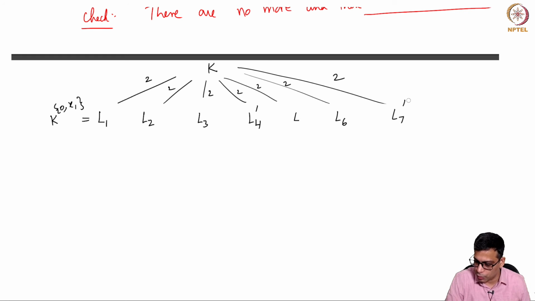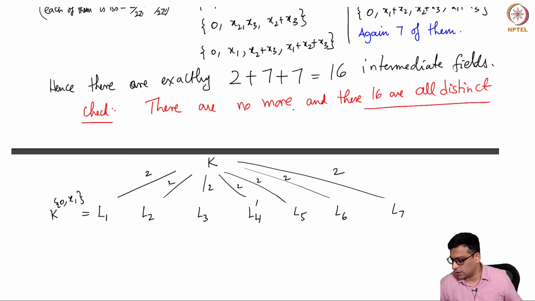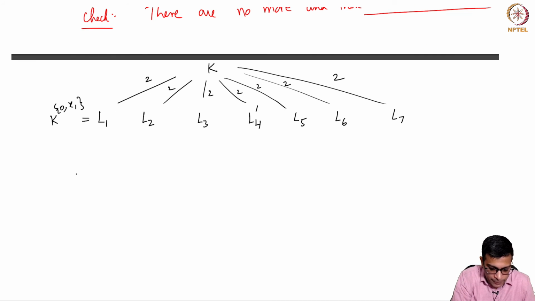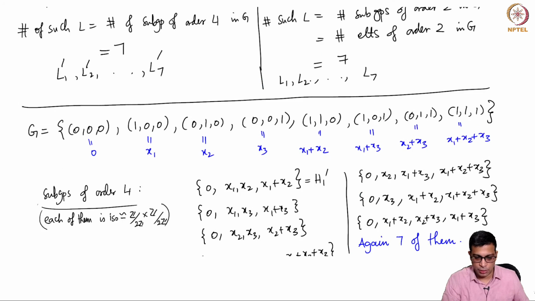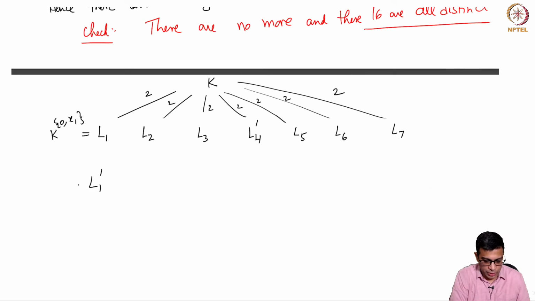So these are degree 2. It depends on the notation that we are using, but let's say this is the fixed field of this. Then L1 prime is the fixed field of this. So this is H1 prime, and this will be K, the fixed field of x1, x2, x1 plus x2.